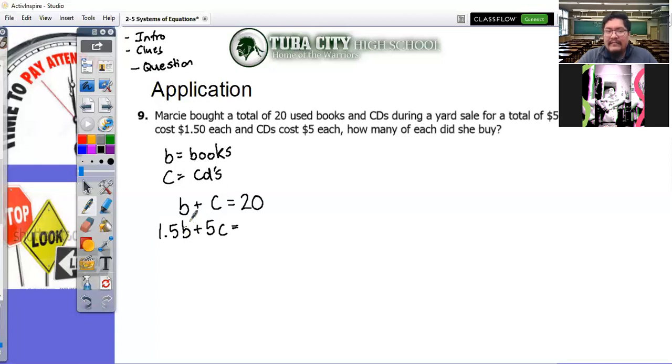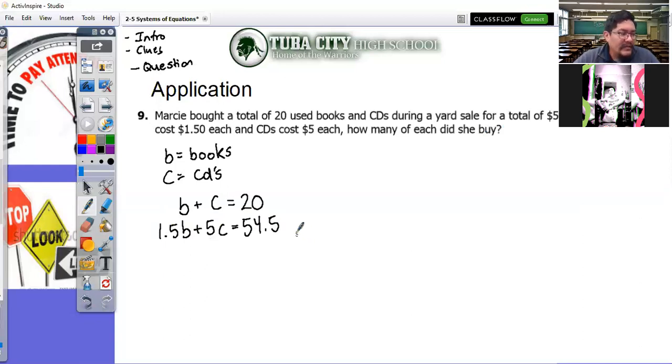If it was 10, this would be $50 of CDs and $15 worth of books. So that would be way higher, like $65 or so, which is not the right one. So that's why we have to use the system of equations to solve it. And this comes out to $54.50. I'm going to leave the zeros out just to make it a little easier to work with.